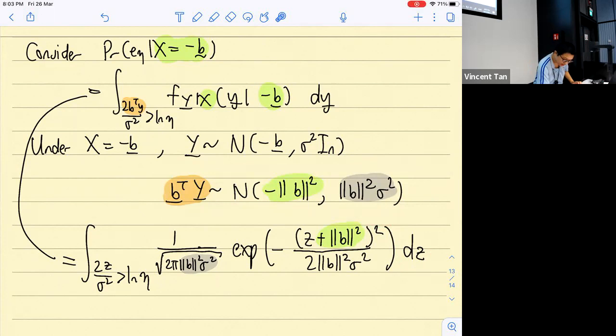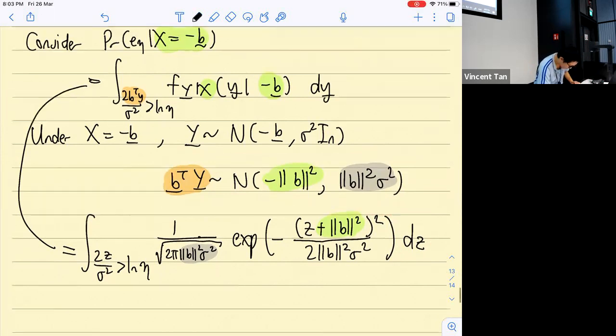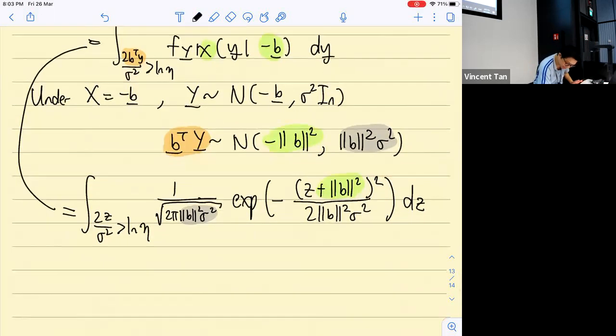Now I am not going to do this integration and change of variables, but you can take, say, w equals z plus norm B squared divided by norm B sigma, something like that.